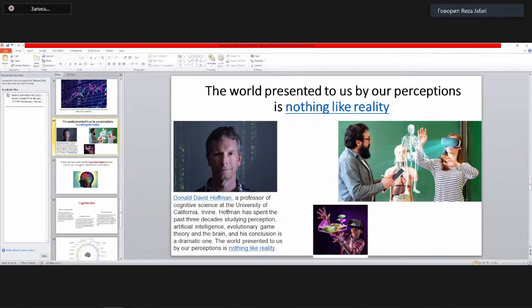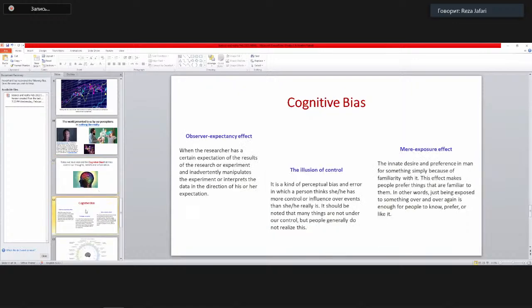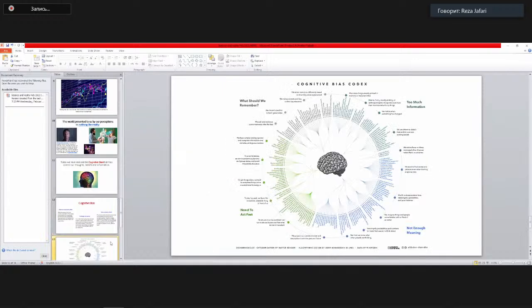This is Hoffman, whom I mentioned: after 30 years of study about the reality of science, he said that our perception of the world is nothing like reality. I said that there are many things that influence our information and our view of the world, that sometimes we do not pay attention to before, but they exist. I included 3 of them, but I invite you to search Google for cognitive biases, where you find more than 30 or 40 cognitive biases that we know right now.